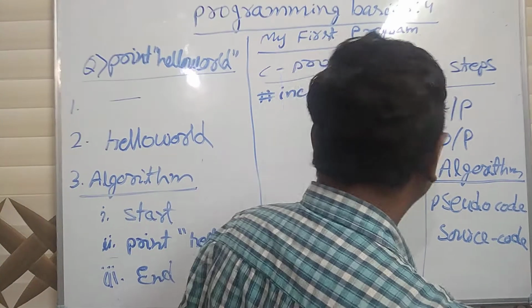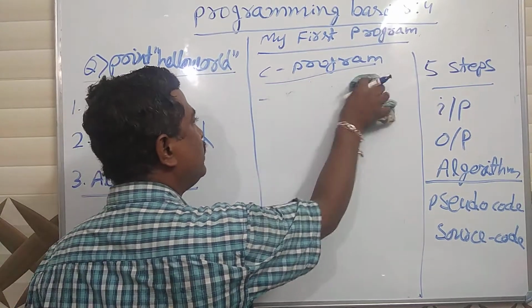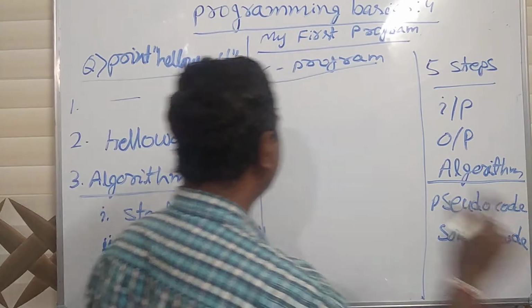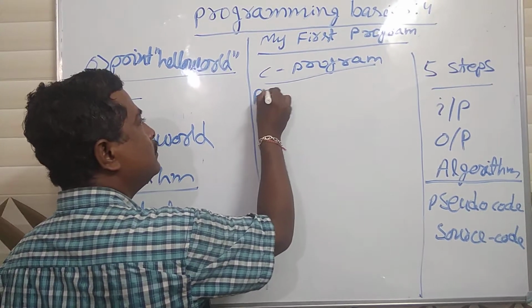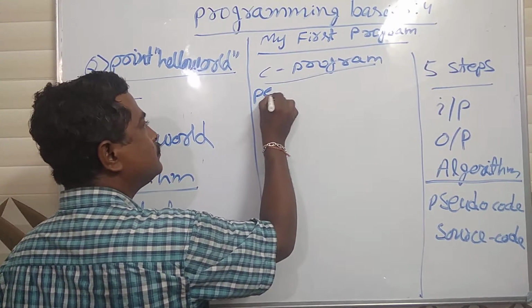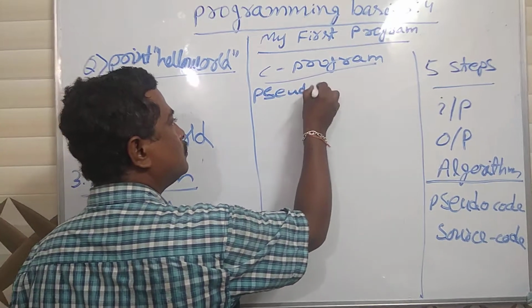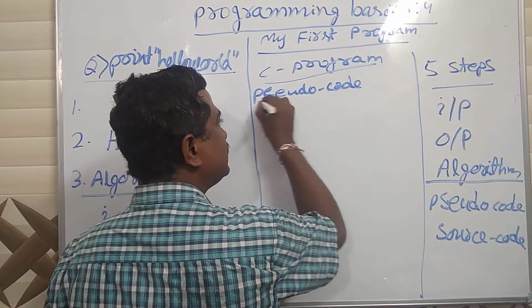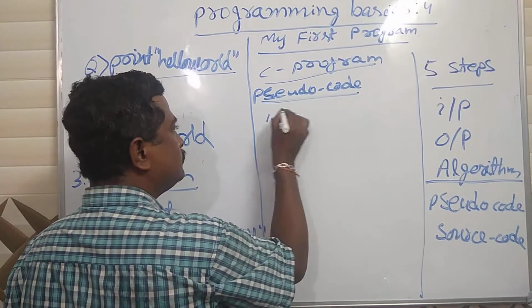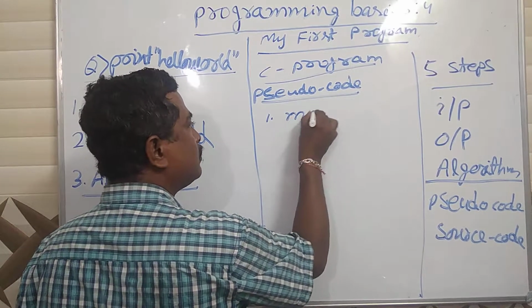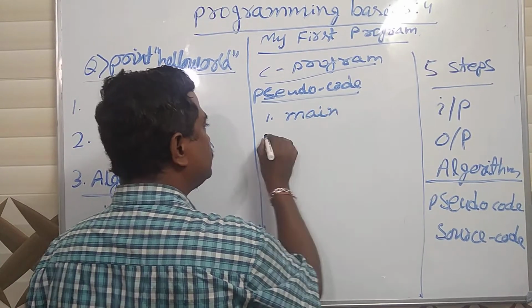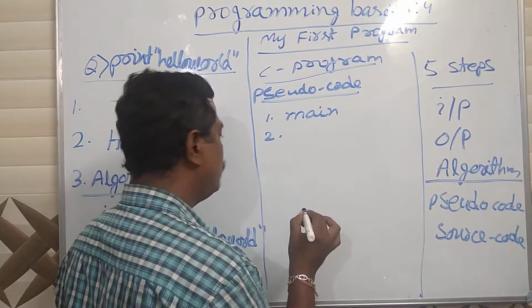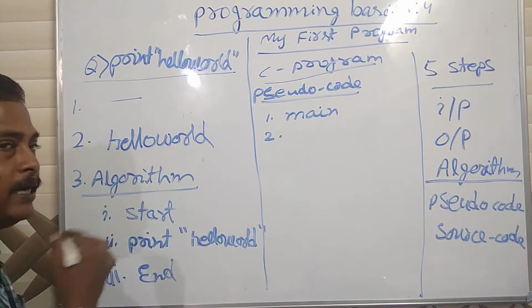In pseudocode there is no need to write all the things, you can write only a few basic things. Start main, or main only. Step 2, print hello world.